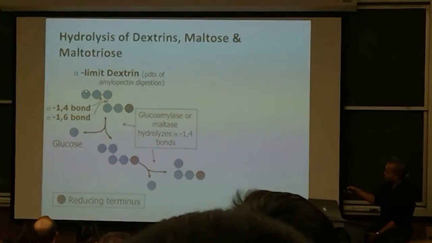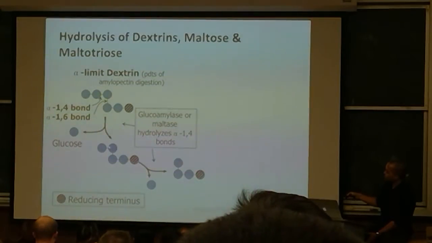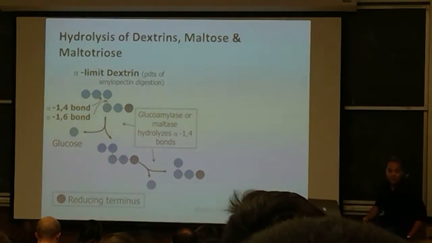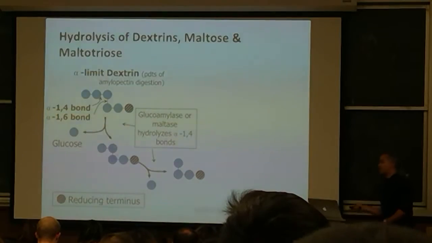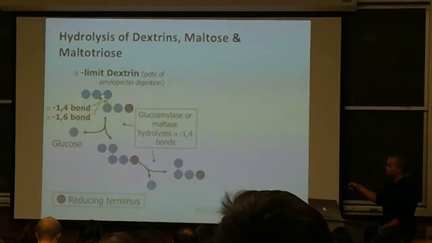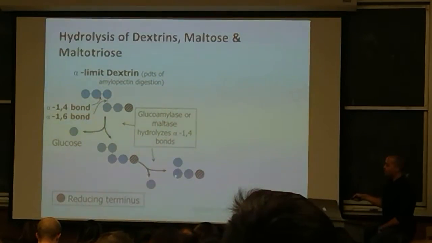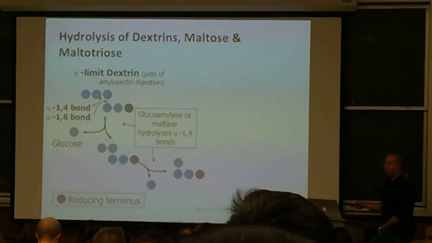Here we go. So we clip the sugar, and then we hit a 1,6 bond, which glucoamylase cannot hydrolyze. The first two bonds were 1,4 bonds. Right? Glucoamylase or maltase is hydrolyzing these, and now we've hit a 1,6 branch point.